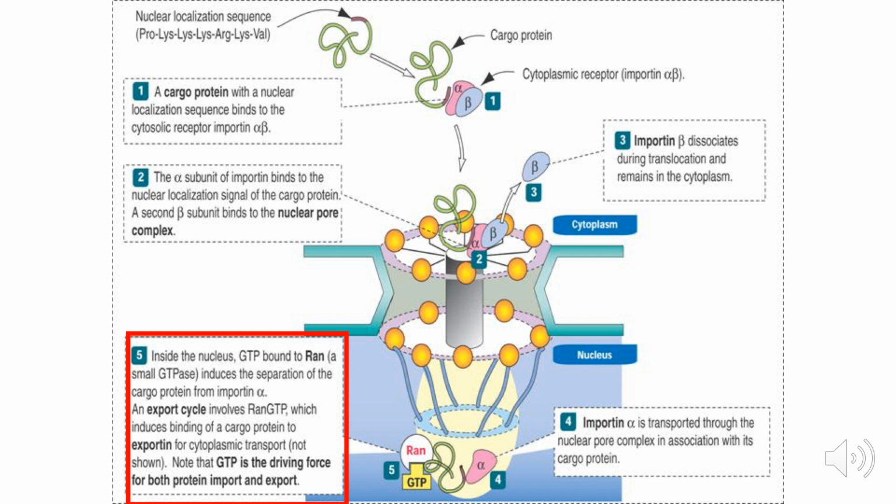The interaction between the protein and the alpha subunit of importin and the RAN-GTP will now cause the alpha subunit of the importin to dissociate from the protein, and that alpha subunit will go out of the nucleus and will pair again with the beta subunit. But at least at this point, the protein has already entered the nucleus.